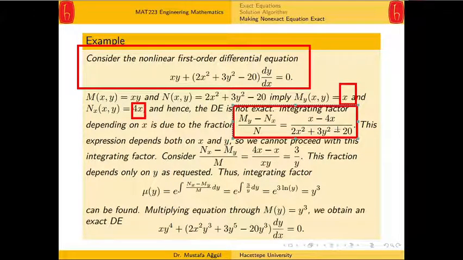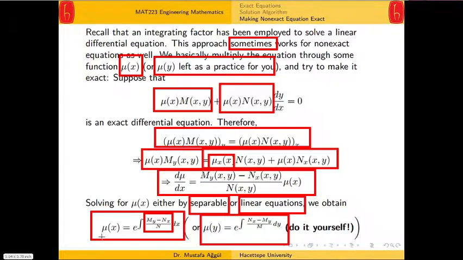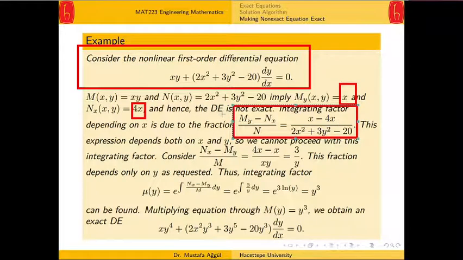As you see, we have negative 3x on the top, but the bottom is a function of x and y together. Since mu is a function of x alone, we expect the right-hand side to be a function of x alone too, but it's not in this particular case, so this integrating factor does not work.